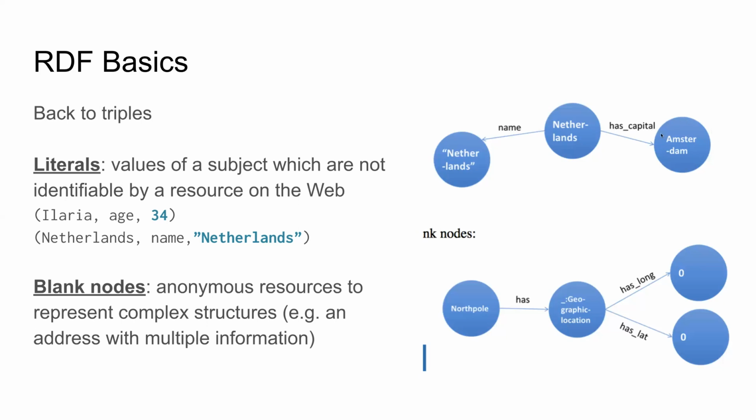And Amsterdam is also a resource because it can be described with additional properties, such as a mayor, the number of inhabitants, etc. And then the Netherlands actually has a literal value, which is its name, and this literal value is the actual name that the Netherlands takes. This is one type of object or value that you can represent in a knowledge graph.